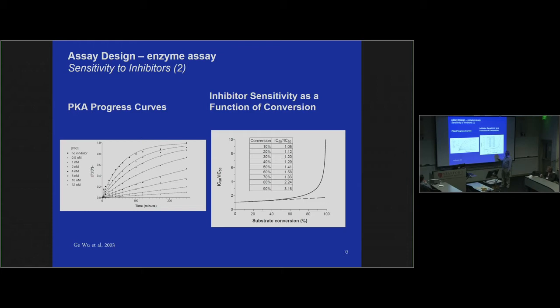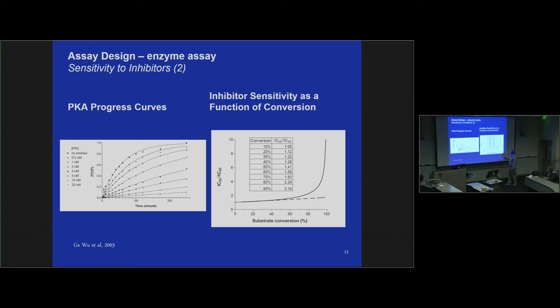If you look out here at the end, the things that have really depleted their substrate, you can see there's less sensitivity to inhibitors in that range. And that's been plotted here. This is the IC50 for the compound at very low substrate turnover compared to what you get if you go much higher conversion.